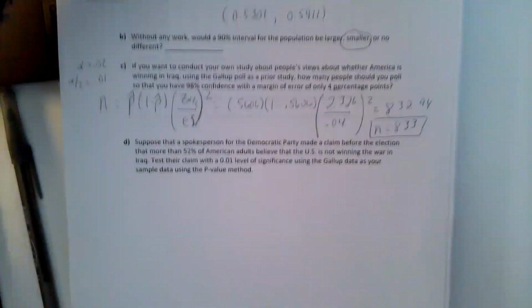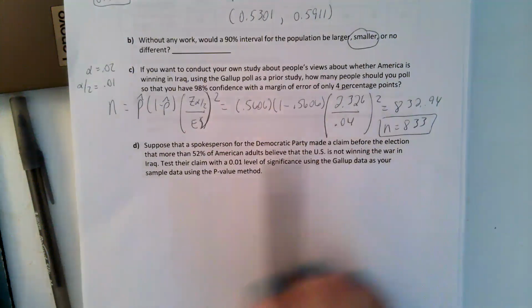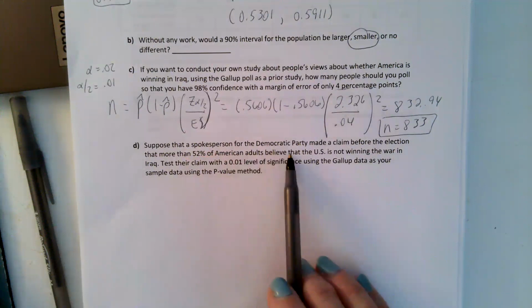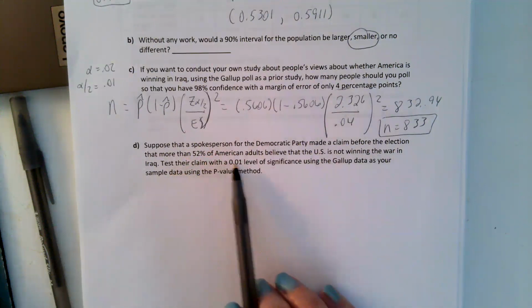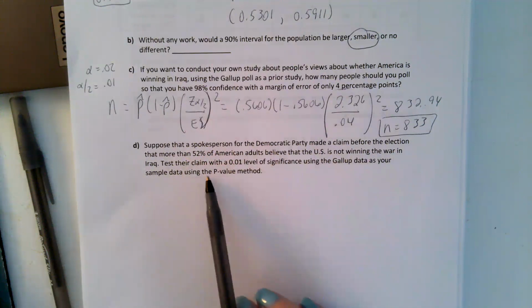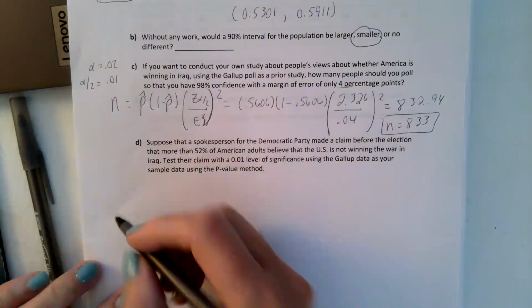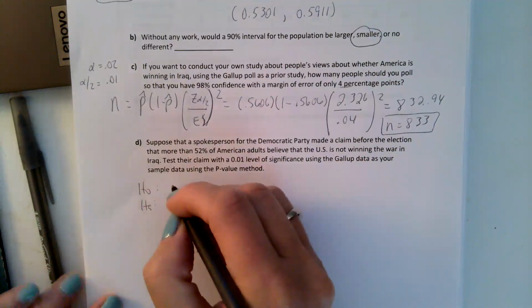And then, last but not least, it says, suppose that the spokesperson for the Democratic Party made a claim before the election that more than 52% of American adults believe that the U.S. is not winning the war in Iraq. Test their claim with a 0.01 level of significance using the Gallup data as your sample data using the p-value method. Okay, so H0, HA.